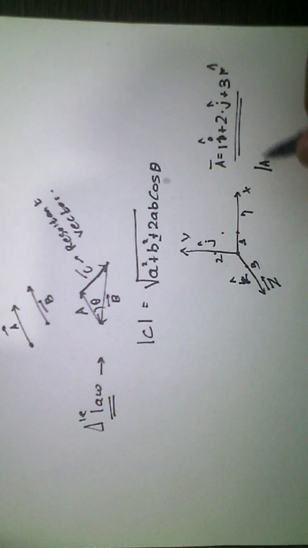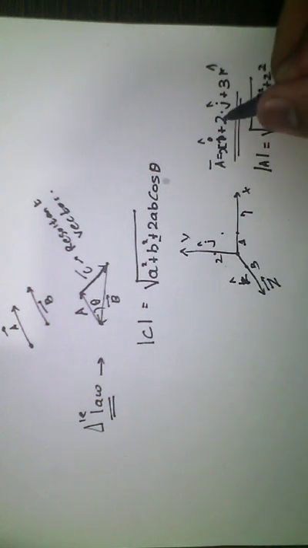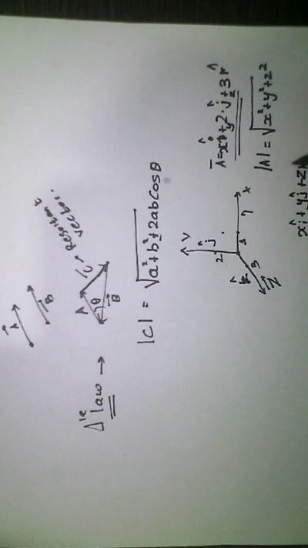And the magnitude of this vector is under root of x square plus y square plus z square. Any normal vector is represented as xi cap plus yj cap plus zk cap, and this is the magnitude.